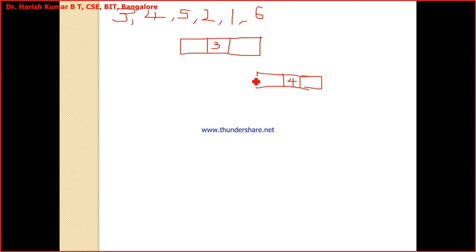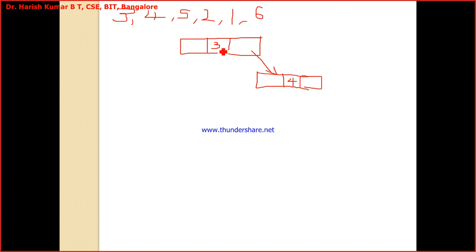Okay, and I make the right link of the root node hold the address of this node. So something like this, I'll write and show you. Okay, the address of this node is stored in the right link of the root node.